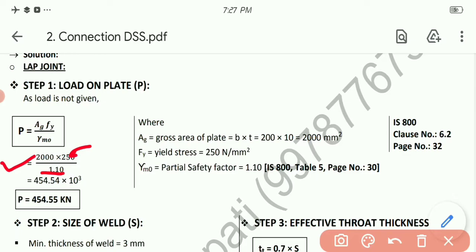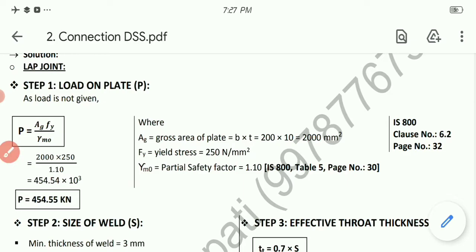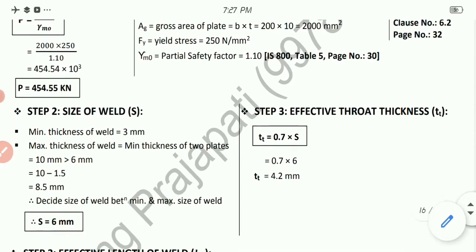By simplifying, we get the answer 454.54 into 10 raised to 3 Newton. Let's convert it into kilonewton, that is 454.54 kilonewton. So the load is there finally. If load is given in the data, we do not need to do this step, but right now for this sum it is not in the data, load is not given, so we have calculated the load for this one.